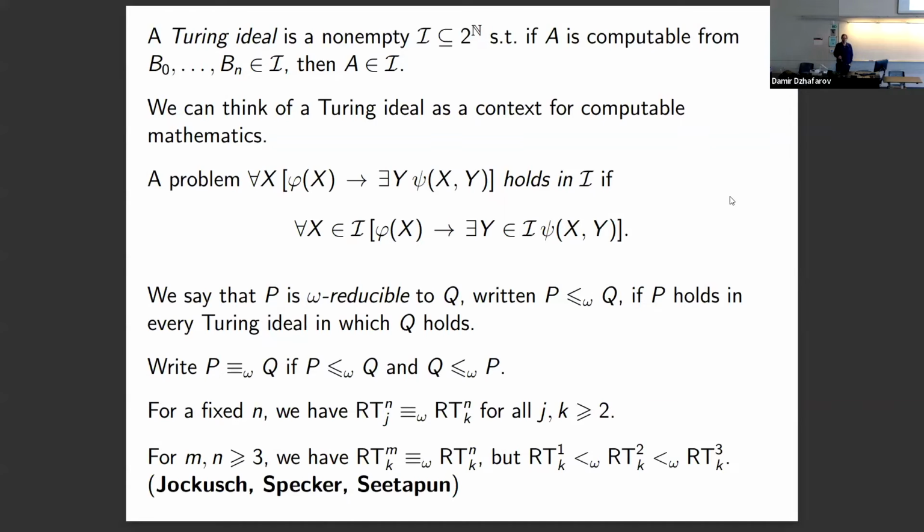Now, a much more interesting theorem, or collection of theorems here, is that if you have m and n that are at least 3, then RT^m_j is omega equivalent to RT^n_k. So Ramsey's theorem for m-tuples and n-tuples are equivalent in this sense.